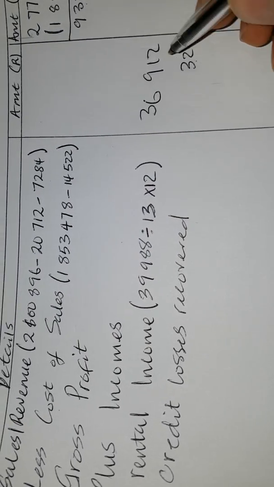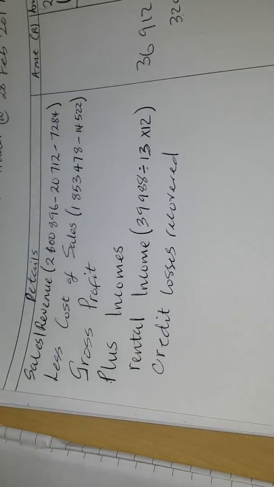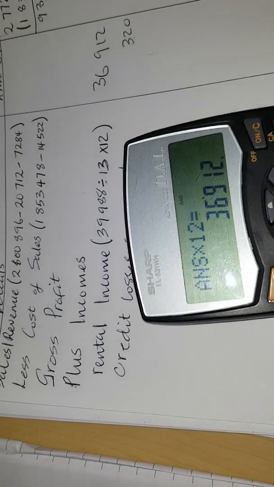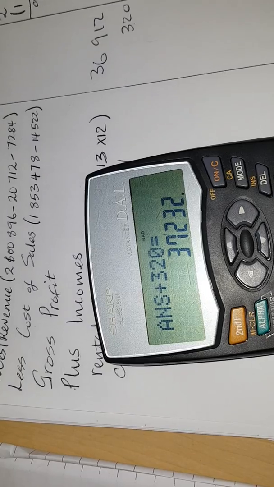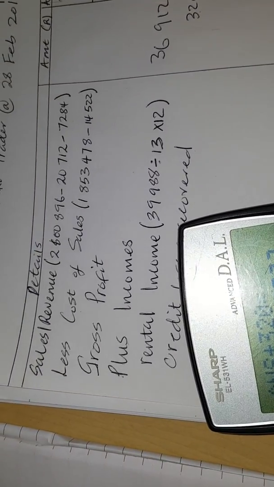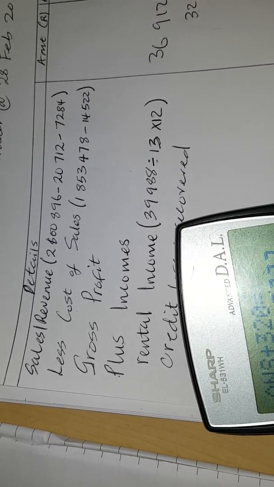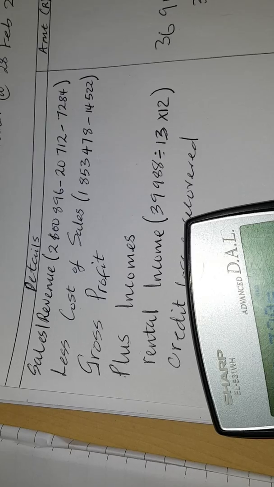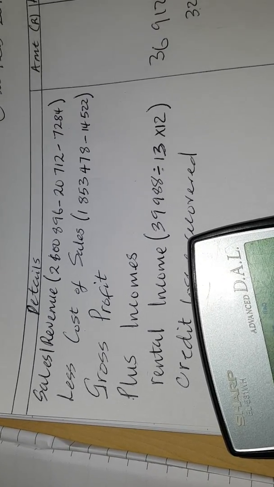So you add these two to get the balance for the incomes. So I'm gonna come here and say 36,912 plus 320 is equals to, so it means our other incomes we have 37,232.